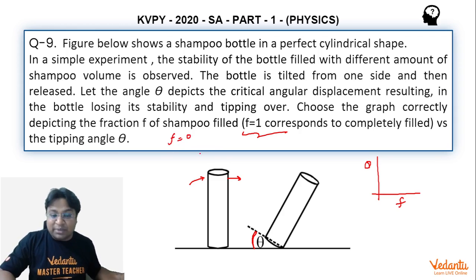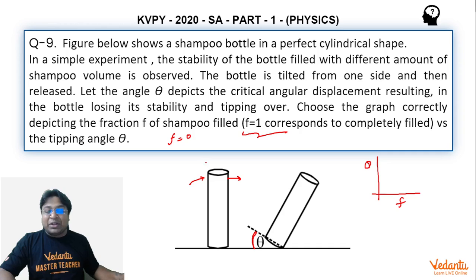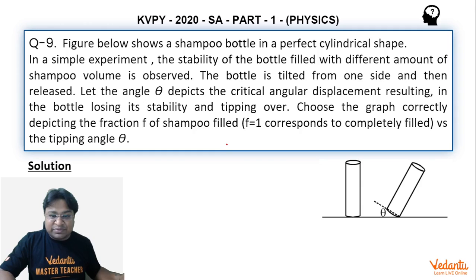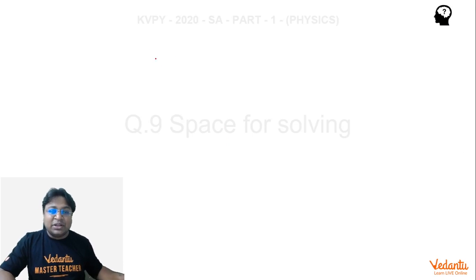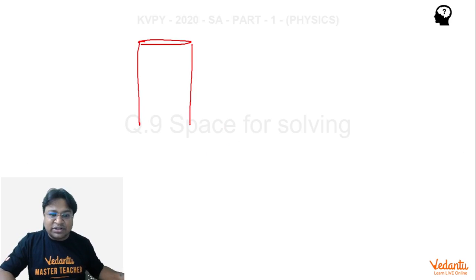Now, what is important to understand here is this. Let's say, okay, I need some space, so I'll go to a blank slide. So let's say we have a cylinder like this. We have a cylindrical object like this, and the center of mass of this cylinder is somewhere here.